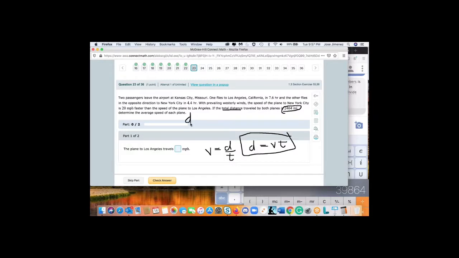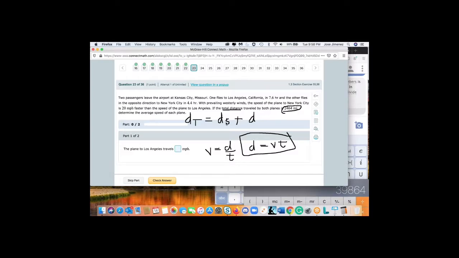The general idea will be that the total distance will be equal to the distance of the first airplane that goes to Seattle, Washington, plus the distance from the other side, because the two passengers leave the airport of Kansas City, Missouri, one flight... Oh, I'm sorry, that's Los Angeles.